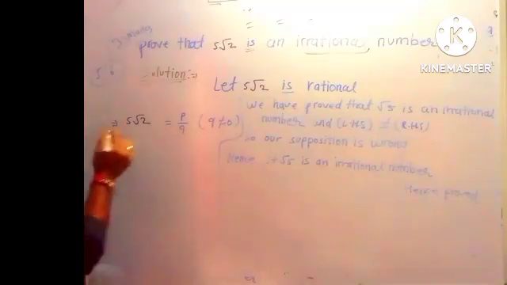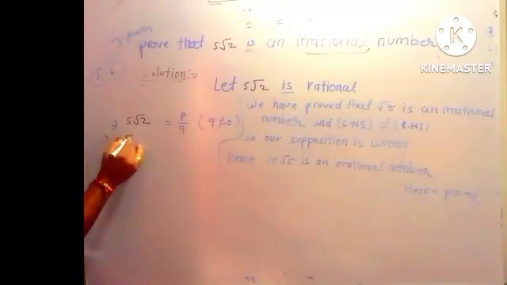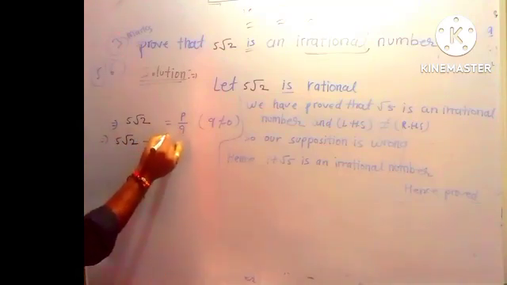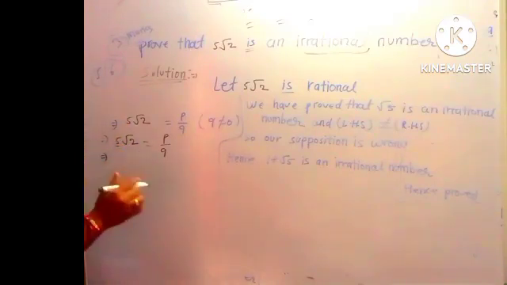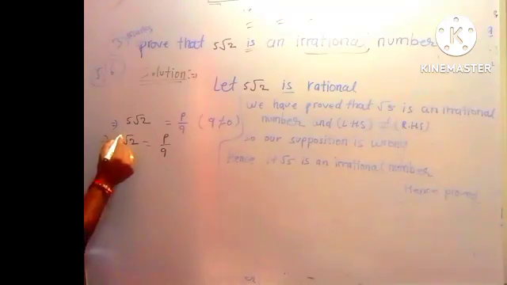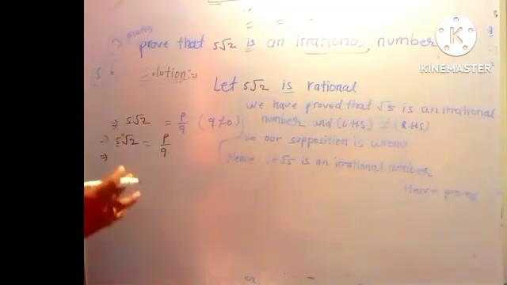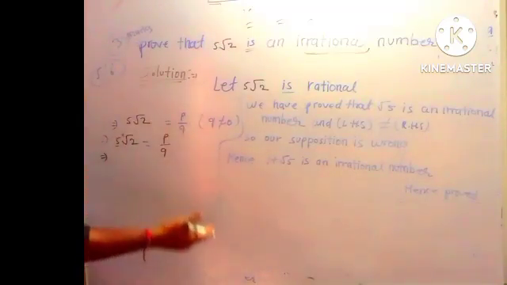Okay, let's solve the next step. Then 5 root 2 is equal to p divided by q. When there is no sign between a normal number and a root number, that means multiply. And we know that after transposing, multiply gets converted into divide, and divide always goes down.